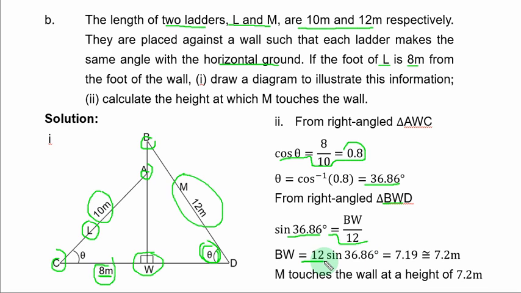So BW is 12 times sine 36.86, and that is 7.19, approximately 7.2 meters. So M touches the wall at a height of 7.2 meters.